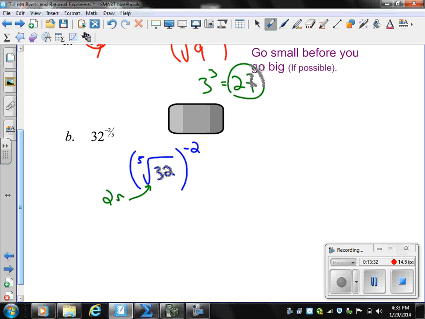Well, this is no longer really a tough problem, now is it? Because now what I can do is say, well, 2 to the 2 power, that's 4. But my exponent is negative, so that means do the reciprocal, right? So instead of writing 4, I'm actually going to write 1 over 4.